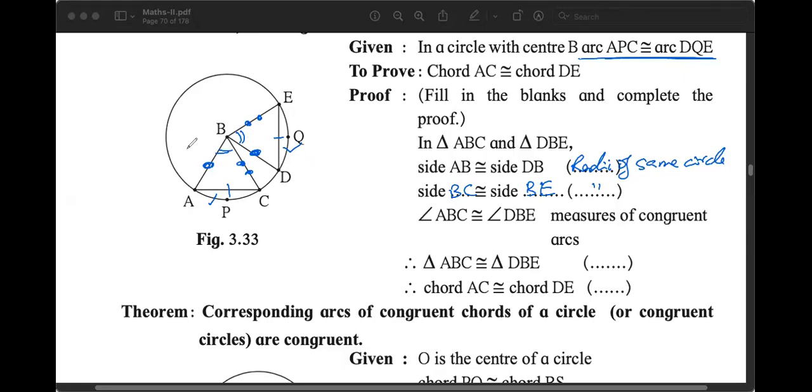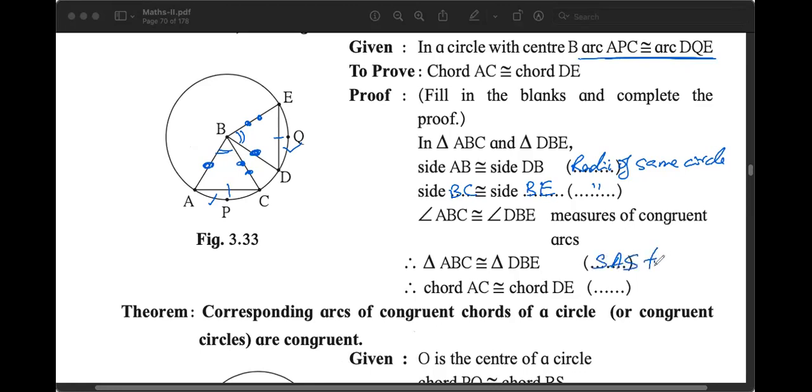Now tell us, which test are we using? Now we can say that the triangles are congruent, but by which test? SAS. Yes, it is correct.